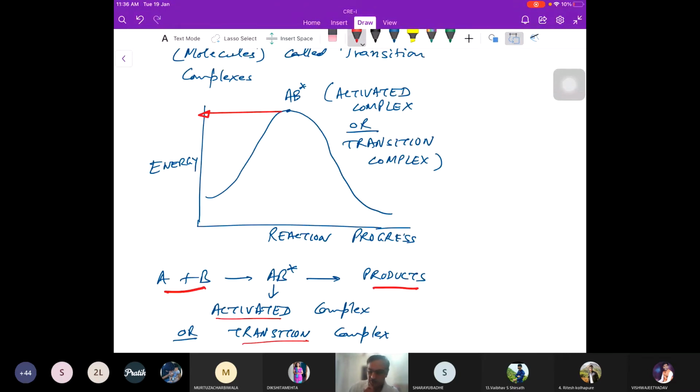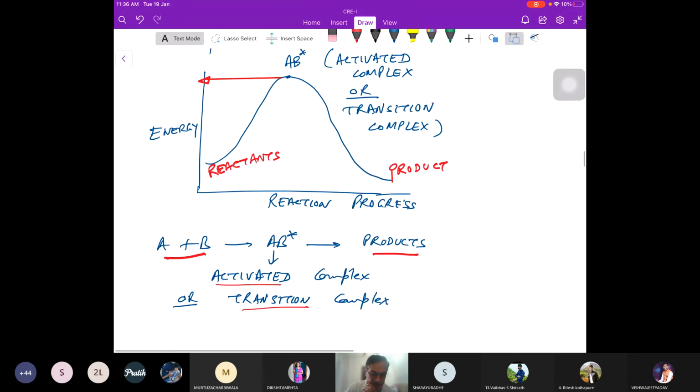So what will happen is A and B will come together, collision होगा, and they will form a complex AB star, which is activated बोलते हैं, because it has high energy, and then it will decompose to give products. Okay. So in this case, this is called activated complex or transition complex. So that's the fourth type of intermediate.